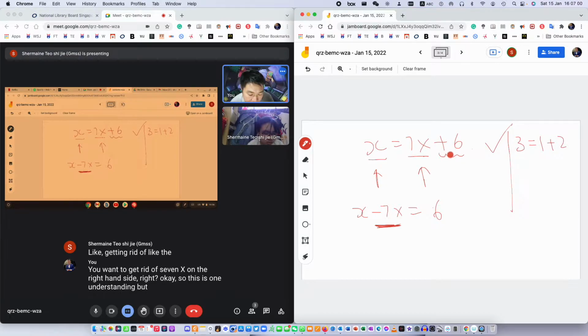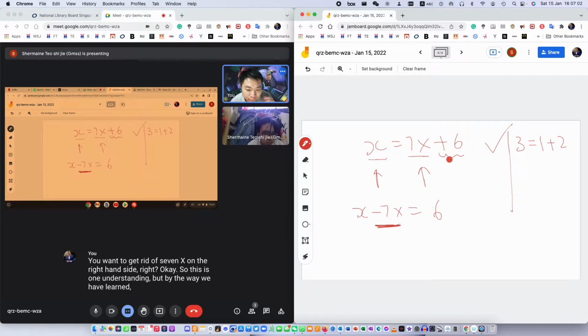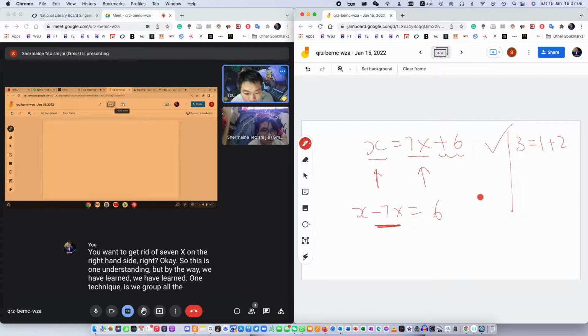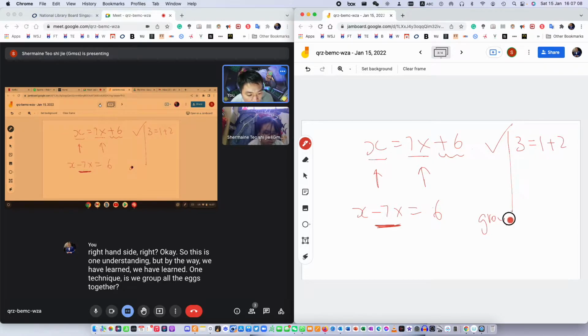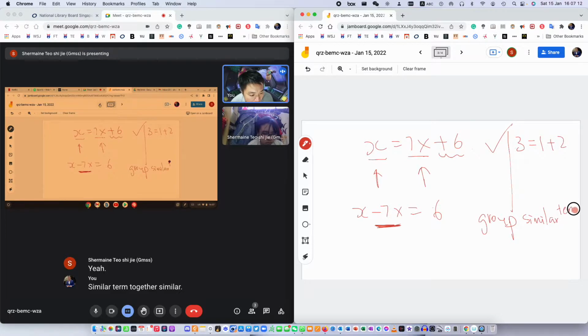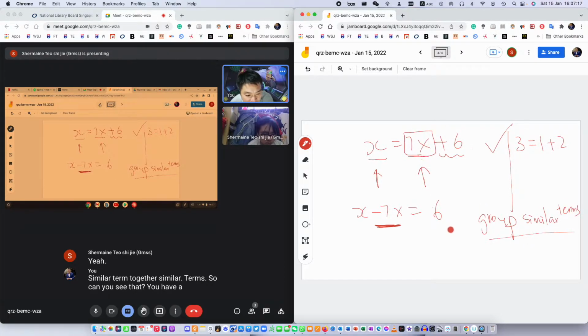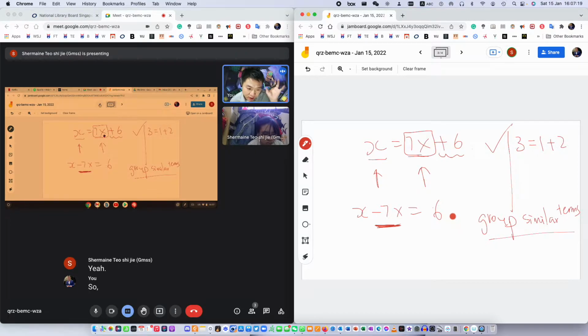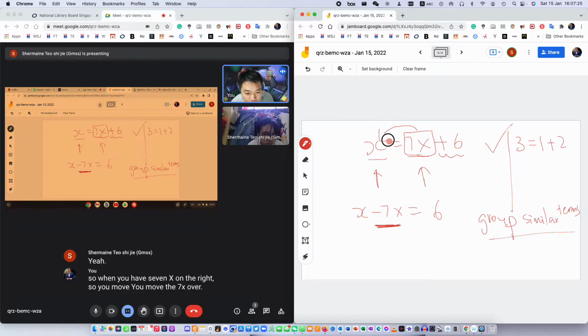But by the way, we have learned one technique: we group all the x together. Can you remember? We want to group similar terms together. So can you see that you have a 7x here? When you have 7x on the right, you move the 7x over. So when you move the 7x over, what do you get?